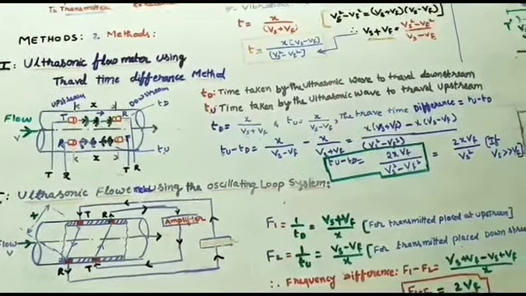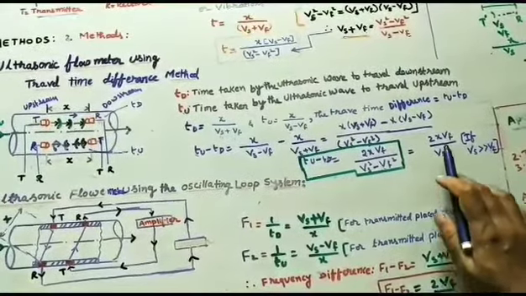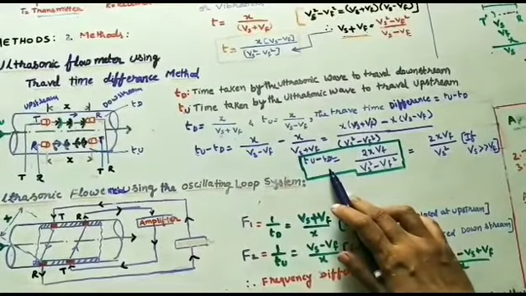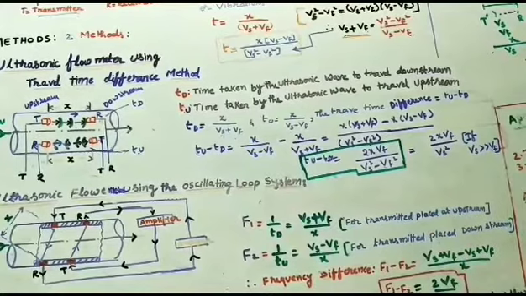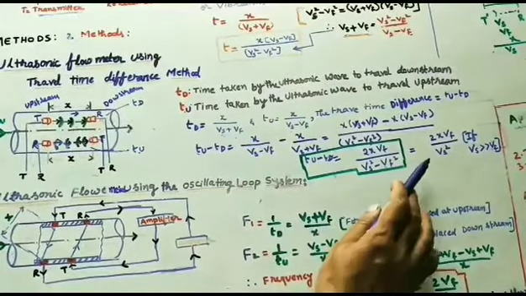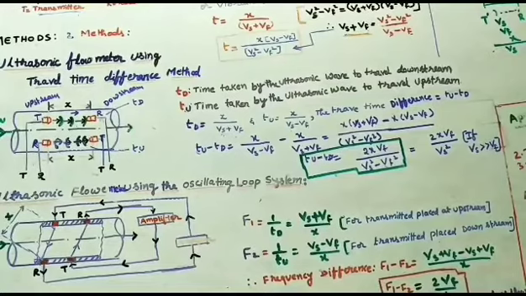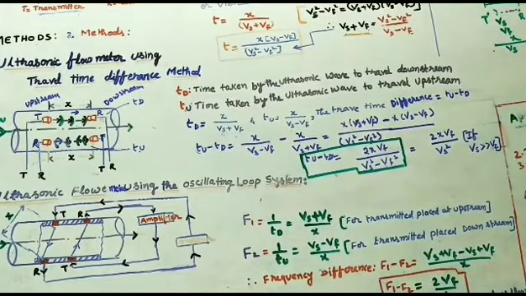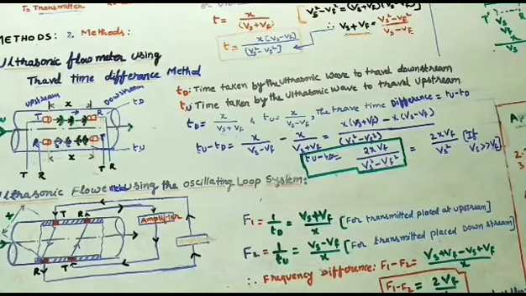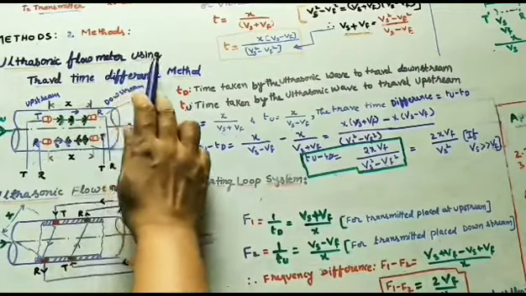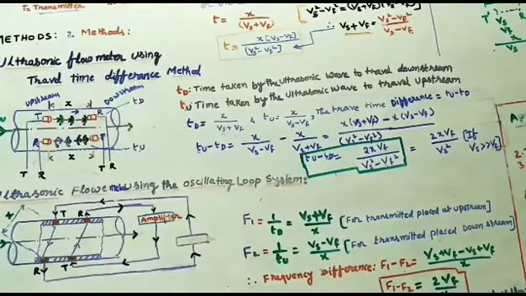Using this formula we can find the time difference, and by using this time in calibrated form, we will get the Q value. This is the main basic working of the ultrasonic flow meter using the travel time difference method.